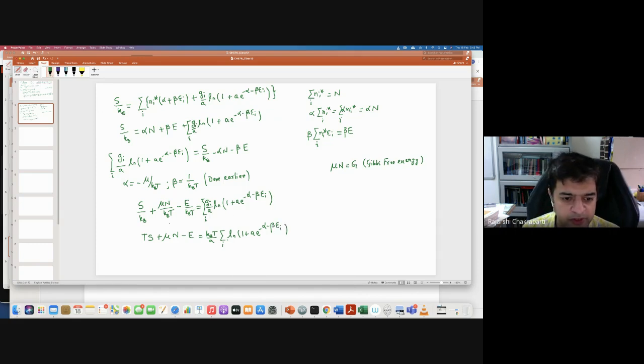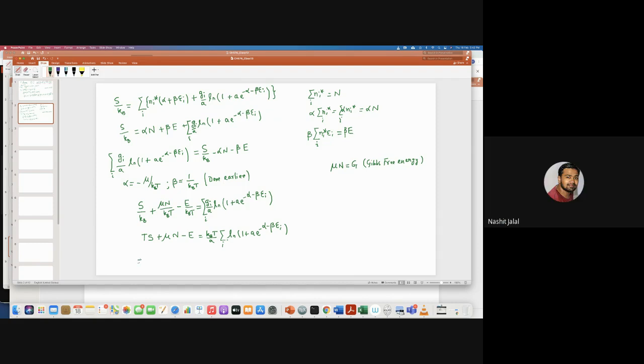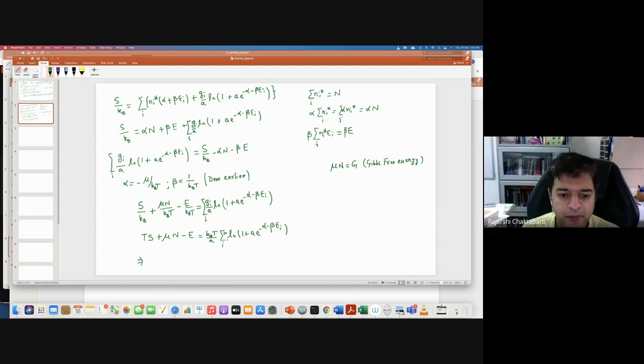Now, what is this quantity on your left? Just look carefully. This is TS plus G minus E. Any idea what that is?